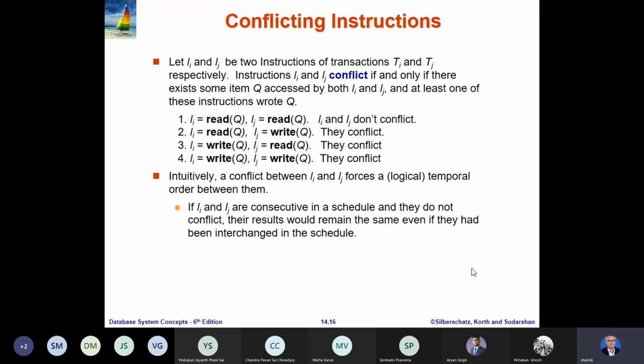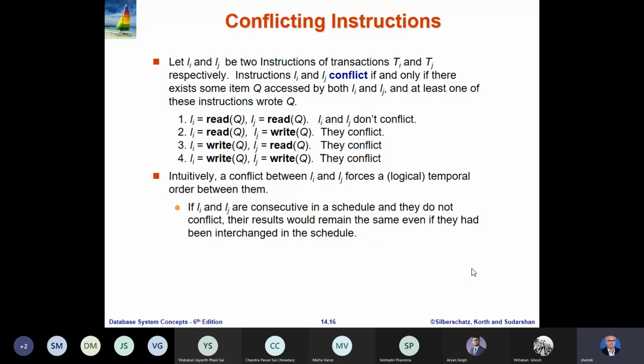Why? First of all, if Ii is doing something on P and Ij is doing something else on Q, they never conflict. Ii is changing P or reading P, Ij is changing Q or reading Q. There is no conflict at all, so you can always mix them in any order. Now, if both Ii and Ij read the same data item Q, then also there is no conflict.